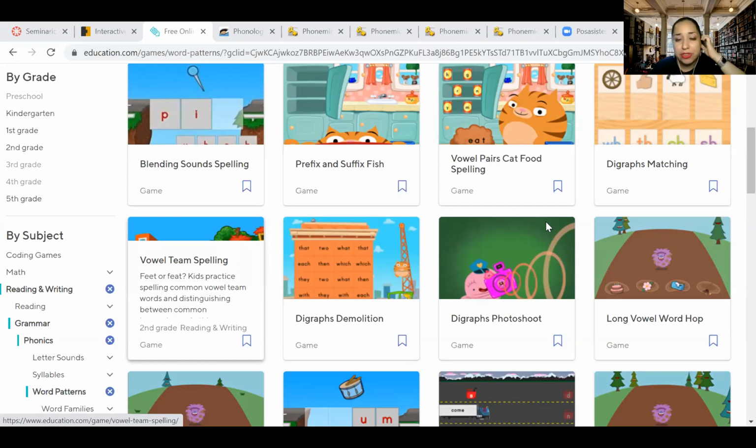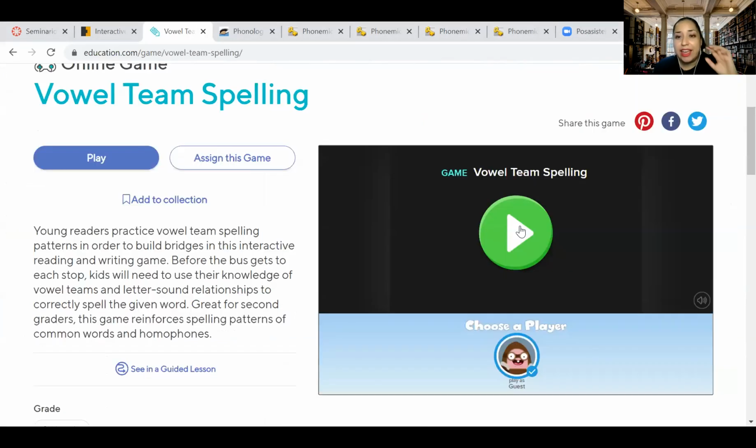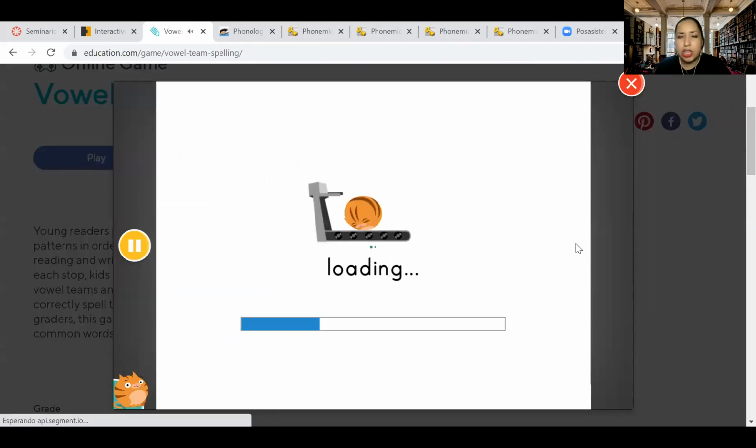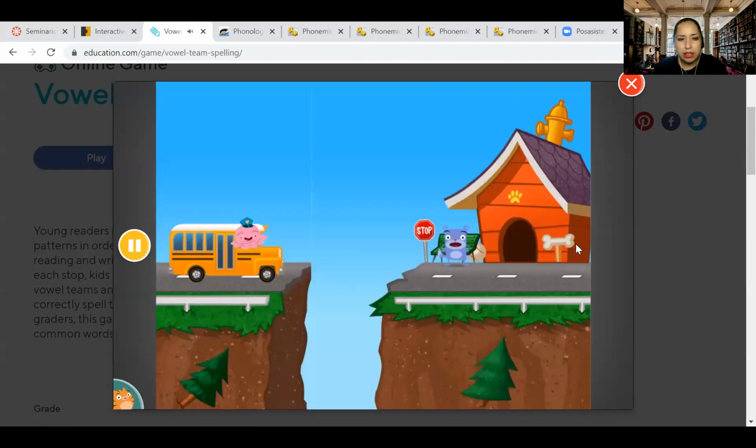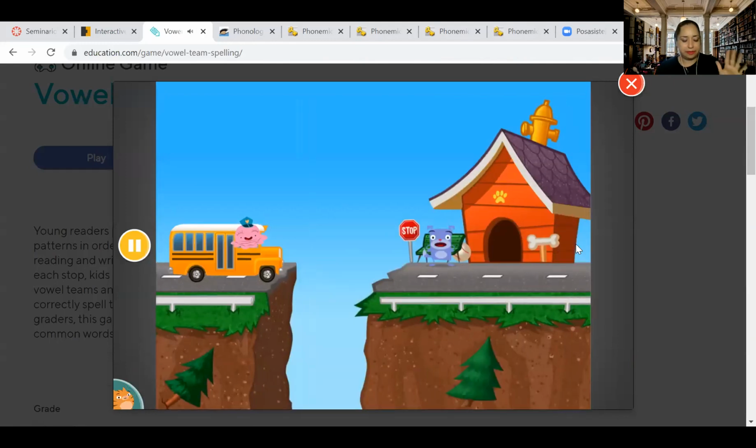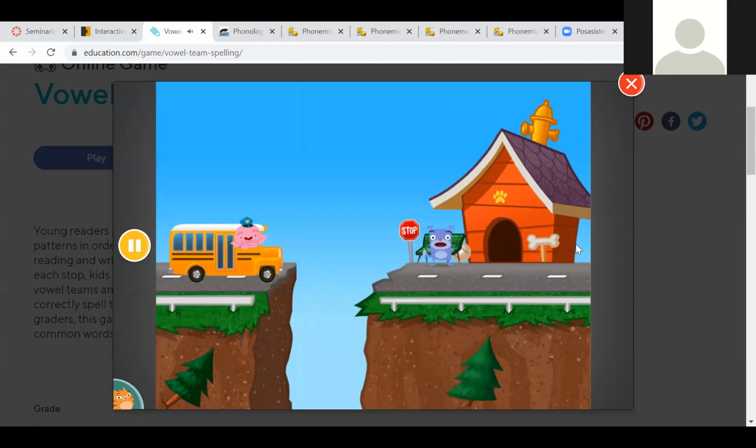So I'm going to show you this. This is a little game. It's called the vowel team spelling. Can you see it the same way? Yes, sure. Yes, I can see.